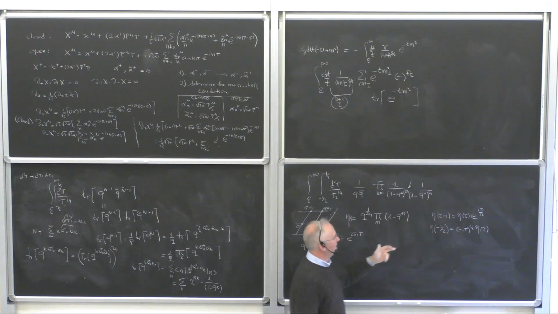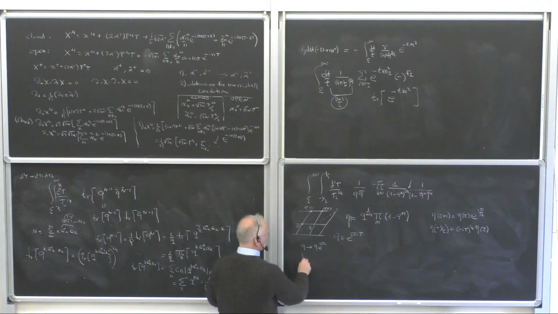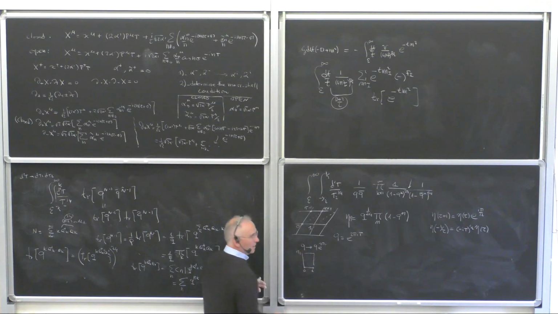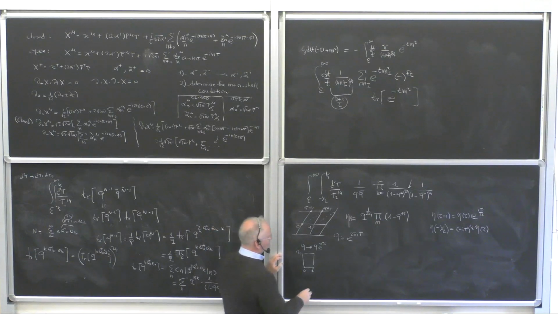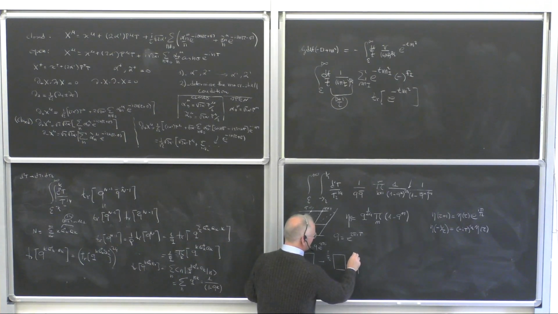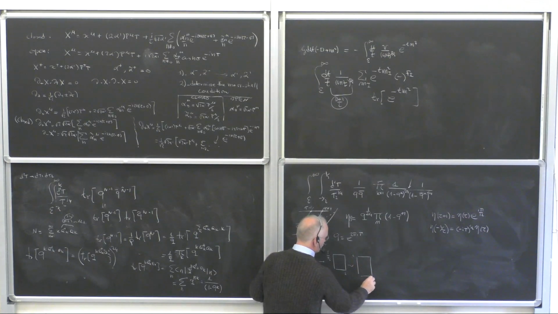It's easiest to see if tau is imaginary, no? Because if tau is imaginary, you have a lattice which is 0, 1, i tau 2. If you let tau go to minus 1 over tau, this guy goes to i over tau 2 and 1, but up to a scaling, this thing is i and then tau 2.